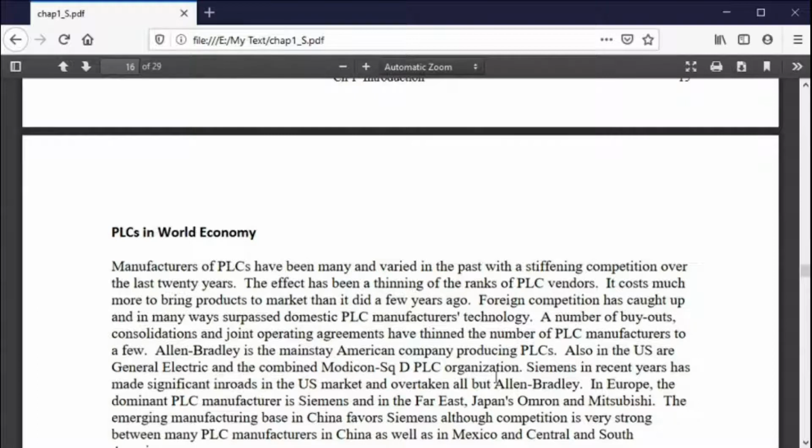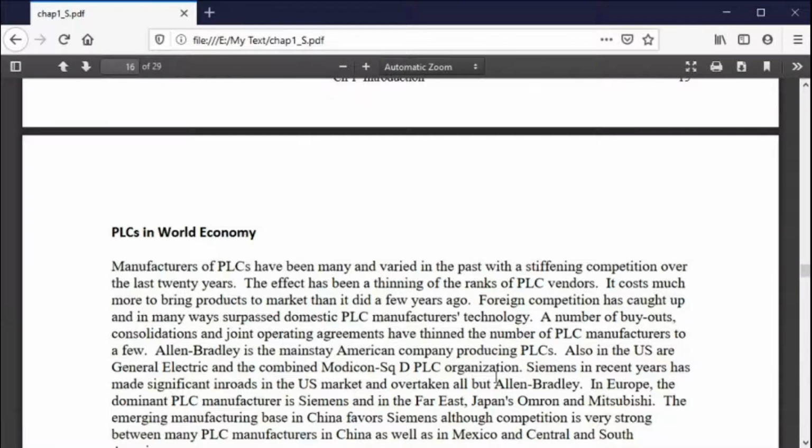One is the European group, dominated by Siemens, but there are others in that area as well. You'd have Siemens and ABB, and maybe a few others, but the company in France that eventually bought Modicon is Telemecanique. So Telemecanique is the owner of what's left of the Modicon group.